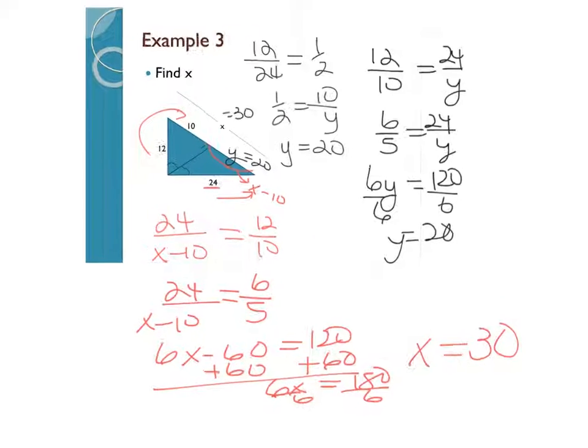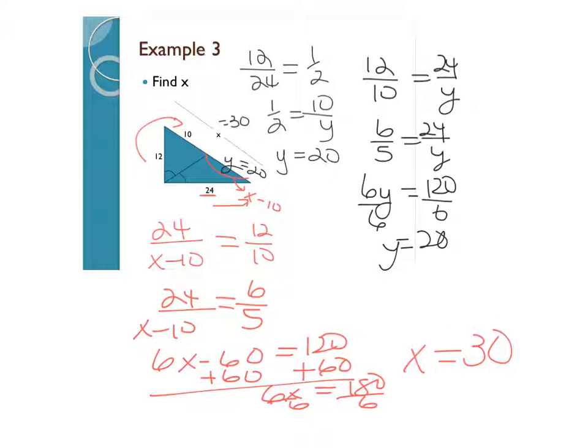So multiple ways to solve the same problem. So know when you're taking this test, everybody might set up a different proportion. I'll be looking to see if your final answer and all your work comes up with the correct answer.